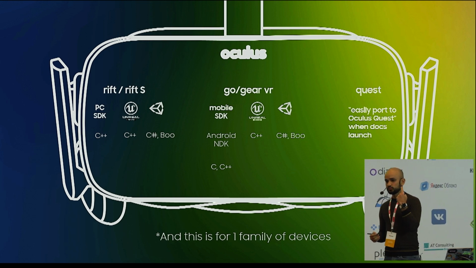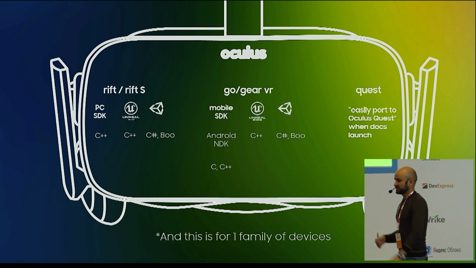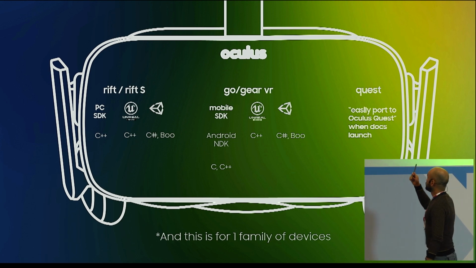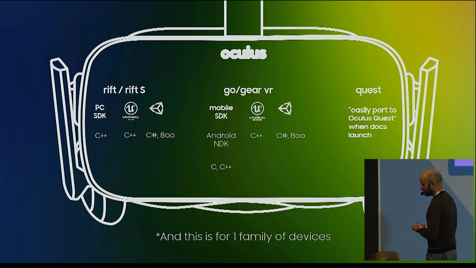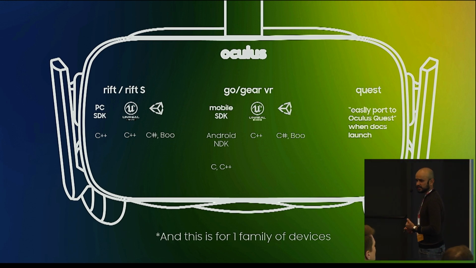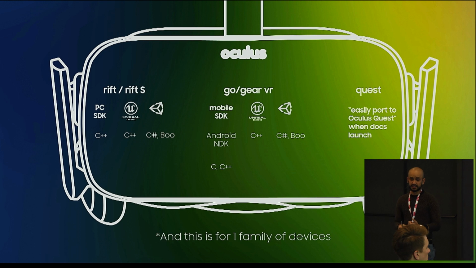And that covers 1 device, 2 devices if we count the one that hasn't been released. Go and Gear VR. Again, you have a mobile SDK, which in this case is the one that works with the Android NDK as well. C++, if you don't want to do that, then you can integrate it with Unity or Unreal.